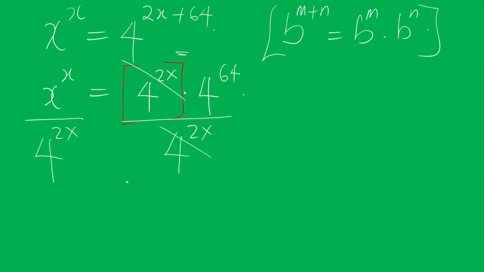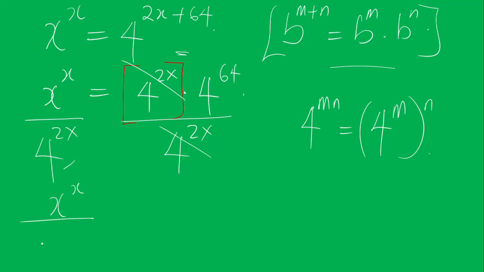Now applying this rule also to this particular term, you have 4 to the power of mn equal to 4 to the power of m all to the power of n. So applying it to this expression here, we now have x to the power of x divided by 4 to the power of 2 all to the power of x is equal to 4 to the power of 64.